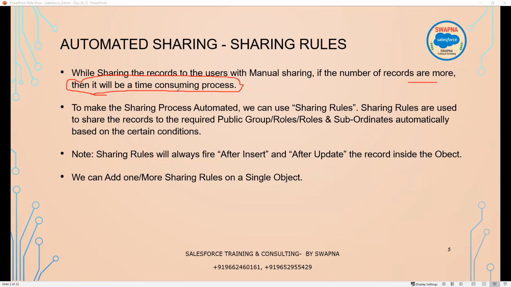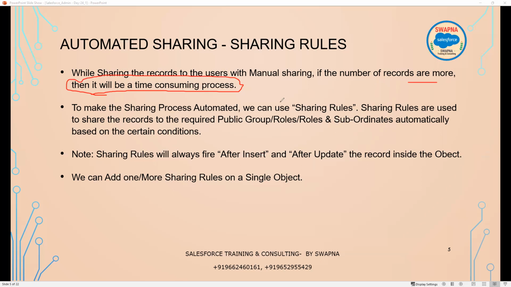While sharing the record to the users with manual sharing, if the number of records is more, that is a time consuming process. If there are so many records that you have to share, that is a time consuming task. Instead of sharing each record, you can share with a group of team members by using the automated sharing rule.